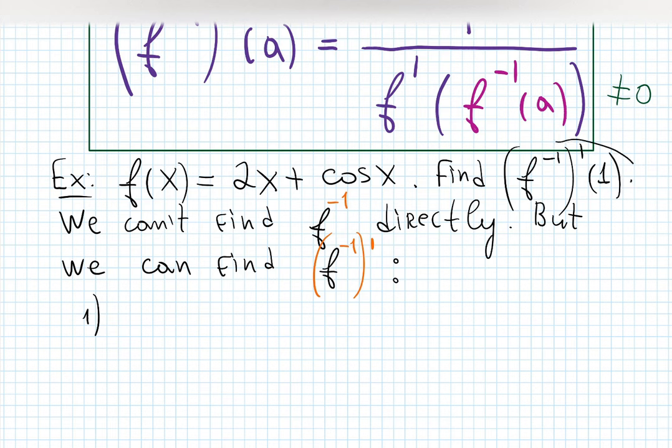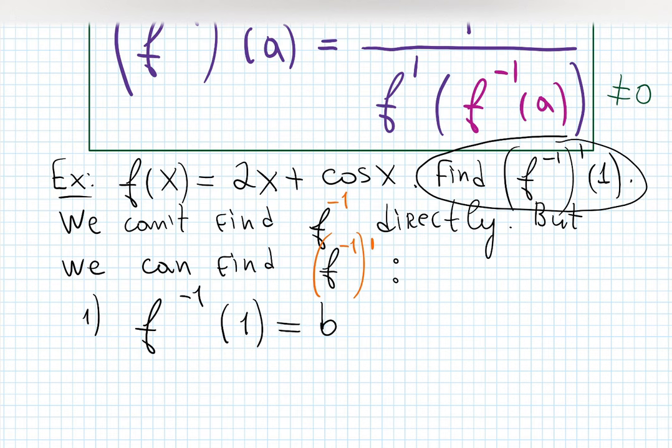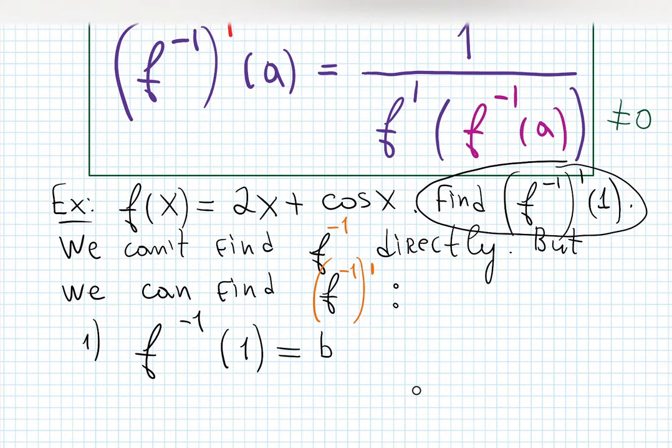Looking for the inverse function at 1 means looking for some value, b. We're going to call it b. Why do we need this? Because it's in the formula: the inverse function at the given point. But we don't have the inverse function. Can we avoid finding the inverse function and plugging a into it?